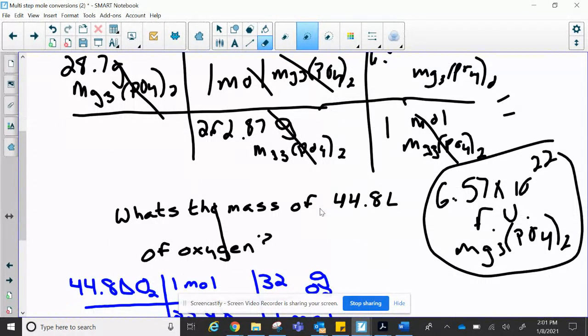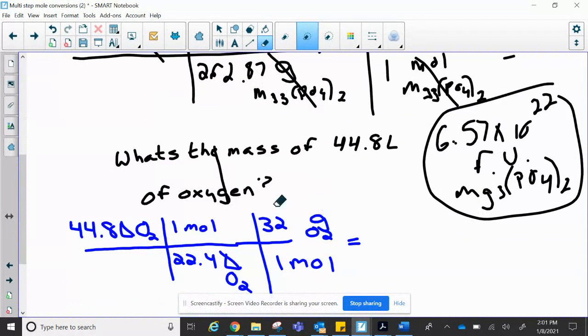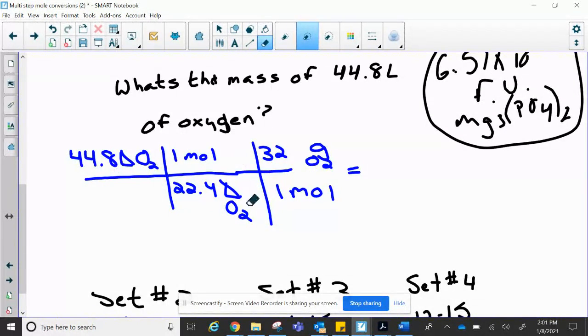Okay. I'll leave this example here for you guys. I'm not going to write it down again right now, but what is the mass? It's just another example of 44.8 liters of oxygen. Of course, we're starting with 44.8 liters. I've already crossed that out. That's why it looks like that. It's not a 0. So we're going to cancel out liters of oxygen down here, and we know the number that goes with liters is 22.4 per 1 mole.